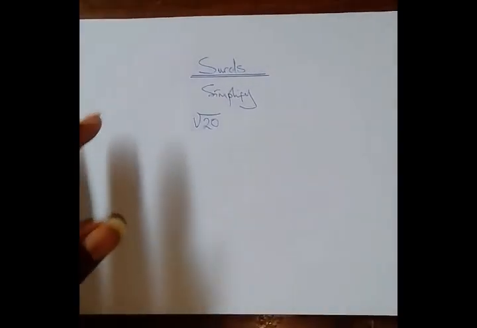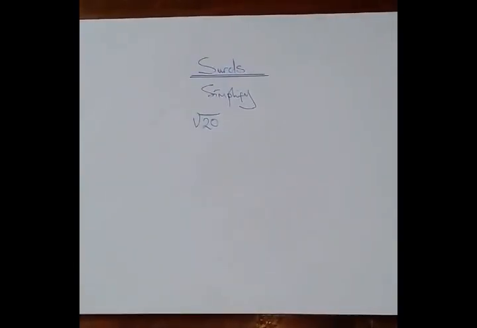Alright? 20 doesn't have a square root, but it needs to be simplified into its simplest form. So firstly, we need to know the factors of 20. That's the first step. Factors of 20 are 1, 2, 4, 5, and 10.